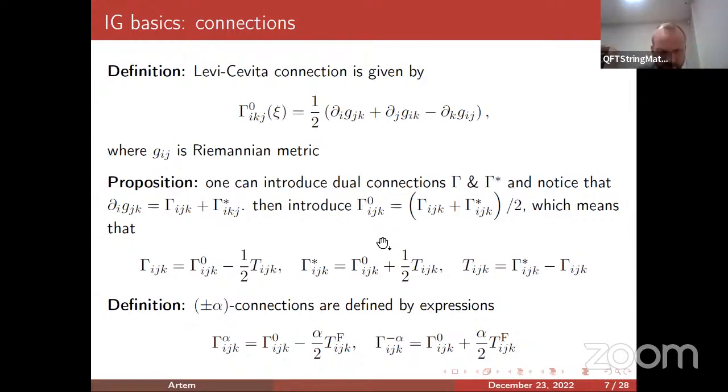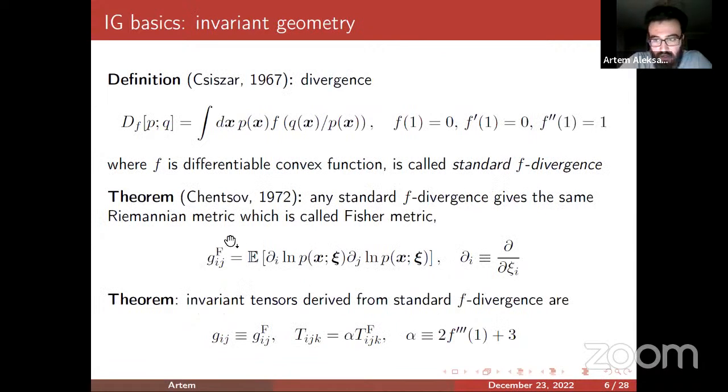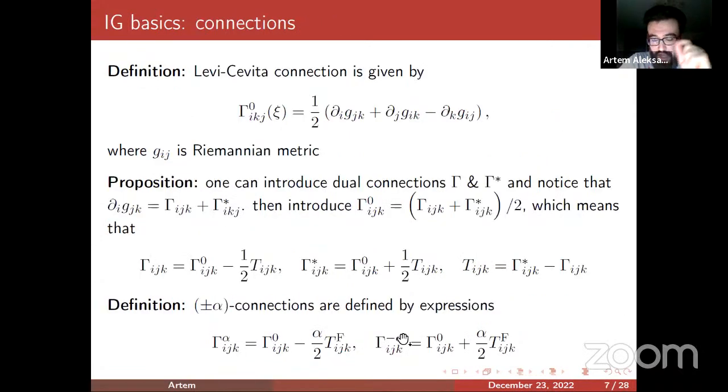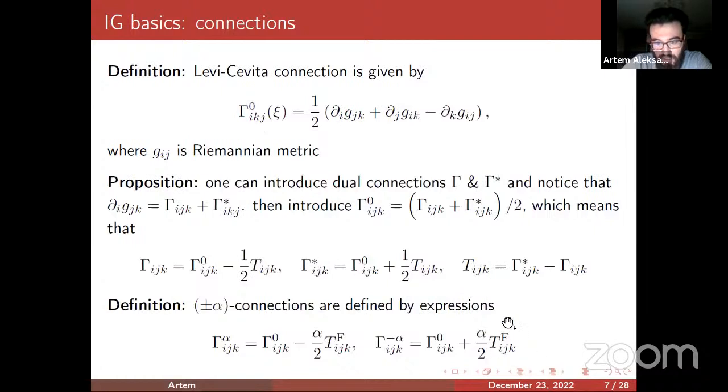So the index F here, you don't need this index. On this slide the index F is denoted as Fisher, and I would like to keep this denotation, because in general the tensor T that corresponds to a specific F divergence is different from the tensor that I denoted by TF.